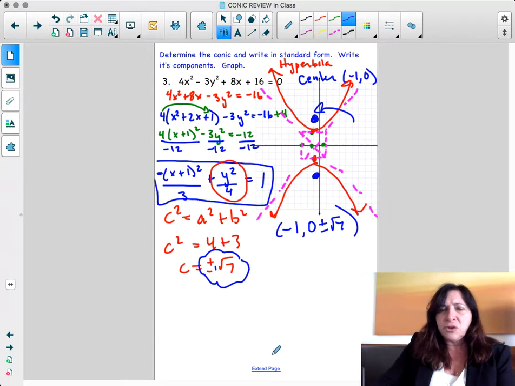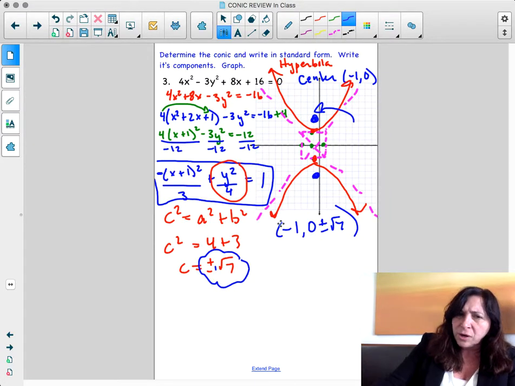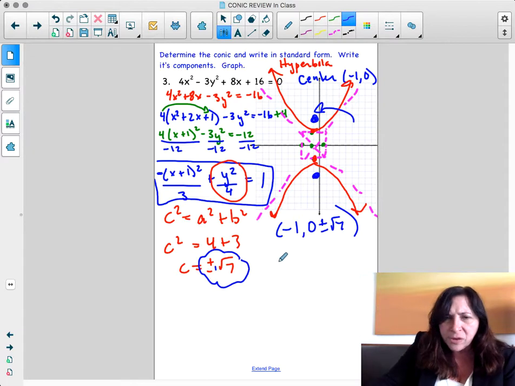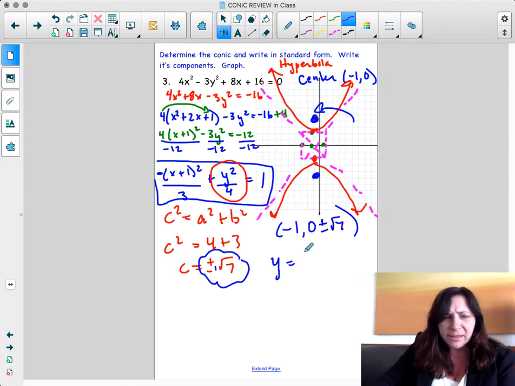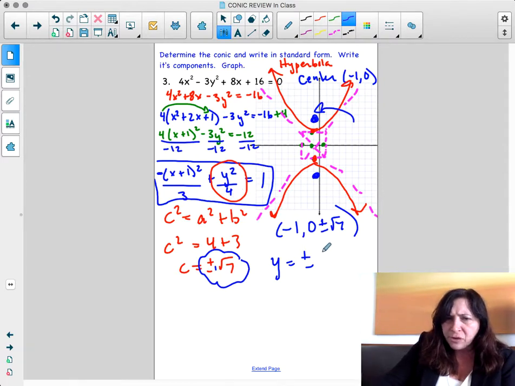Now, lastly, you do need to know where your asymptotes are. Now, remember what I said. It's always going to be the rise over the run. So we are going to start off writing our asymptotes like this. Plus or minus the rise over the run. So plus or minus, let's see here, the square root of 4 over 3, okay, x.